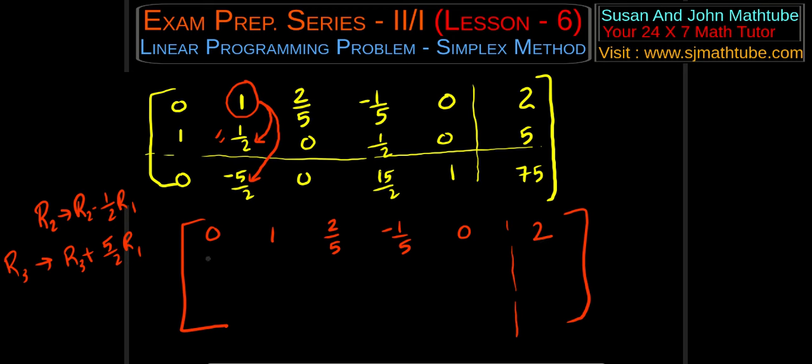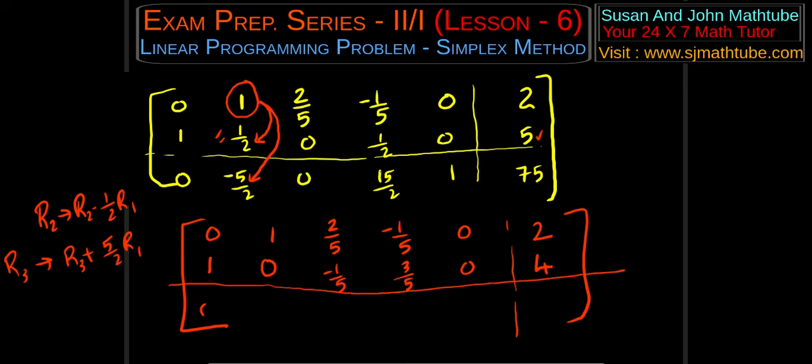And 1 minus 0, that is 1. And that will be 0, of course. That is how we designed it. And that is minus 1 by 5. 3 by 5, 0, 4. Because 5 minus 1, that will be 4. And let's put the divider. 0, 0, 1, 7, 1, 80.